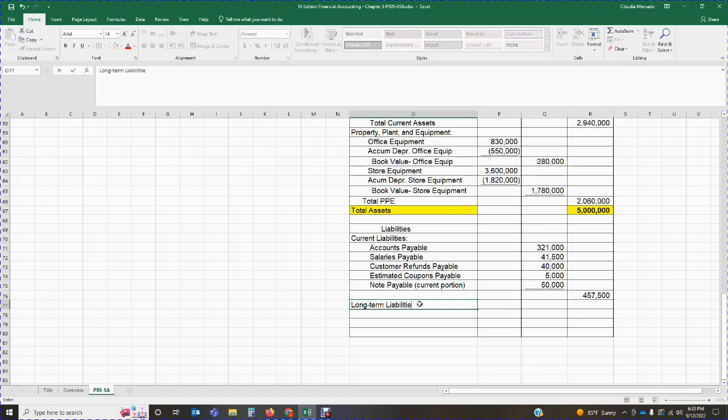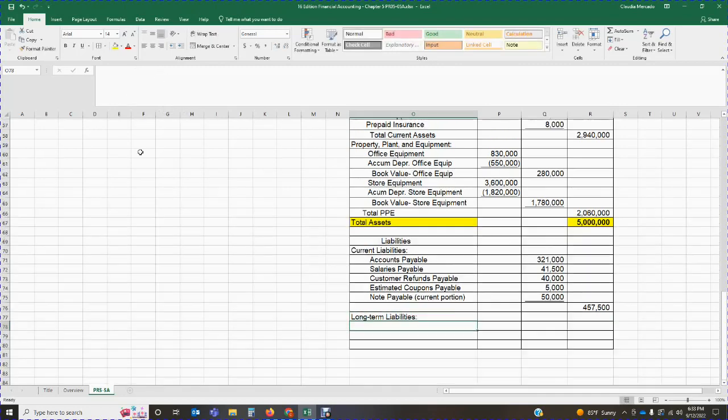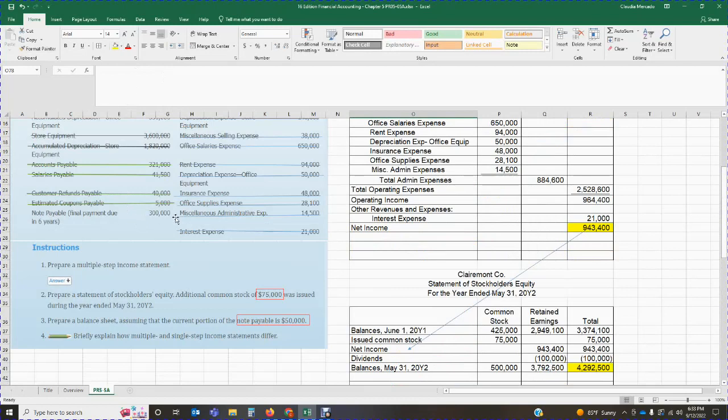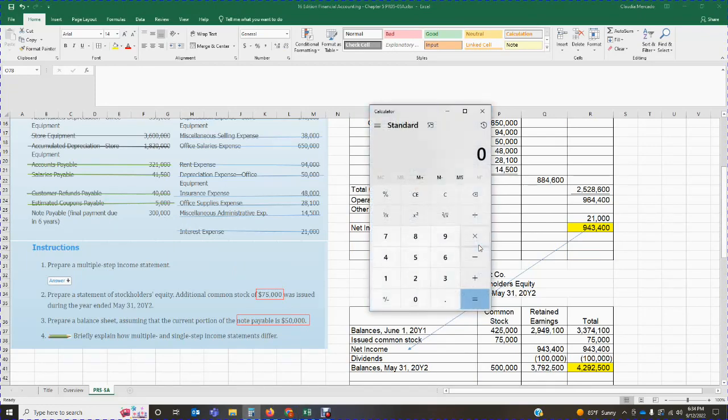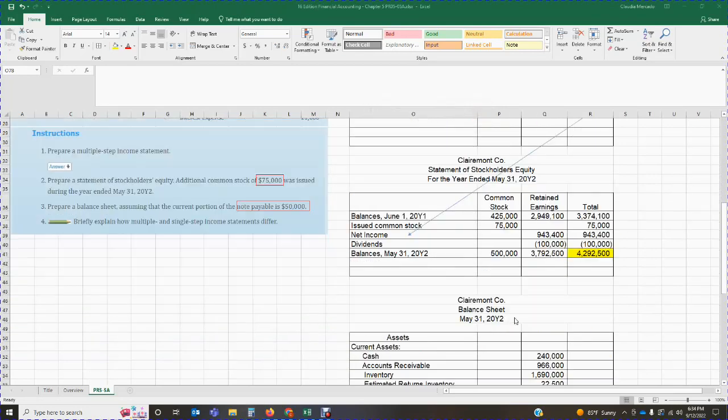Next we're going to bring in our long-term liabilities. These are any liabilities that are going to take us longer than a year to pay off. According to the problem, we have one long-term liability worth $300,000 that is going to be due in 6 years. $300,000 is the total. $50,000 is the current portion. So that means that the long-term portion will be the $250,000, the $300,000 minus the current portion of $50,000. That means we have a long-term payable of $250,000.